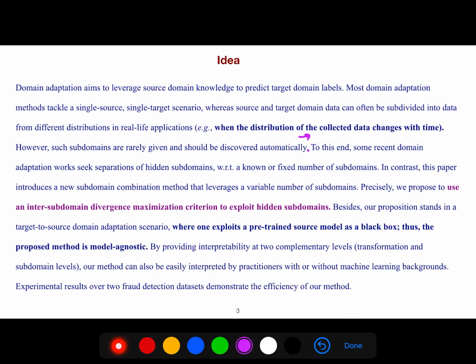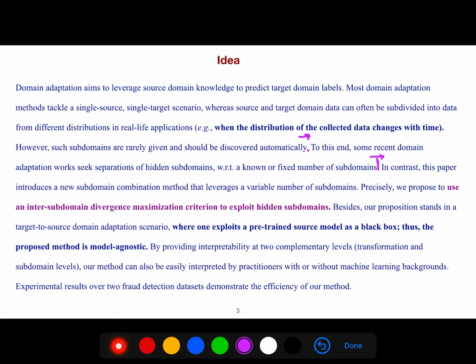To this end, some recent domain adaptation works seek separation of hidden subdomains with respect to a known or fixed number of subdomains. Of course, for example, when you are working on a mixture of Gaussians, first you fix that you have, for example, k Gaussians. So it's a mixture of k Gaussians. Then you continue. So k could be a hyperparameter. So let's carry on.